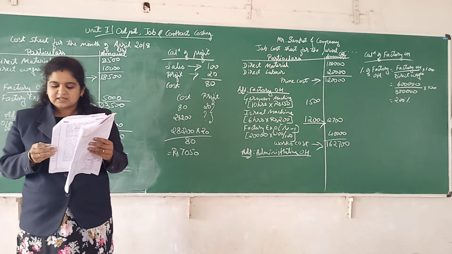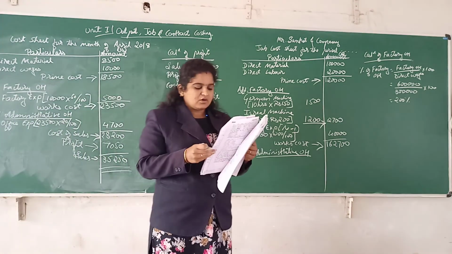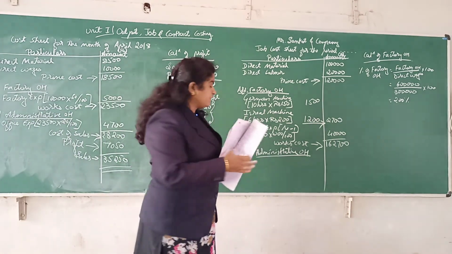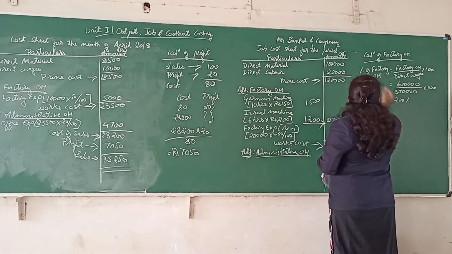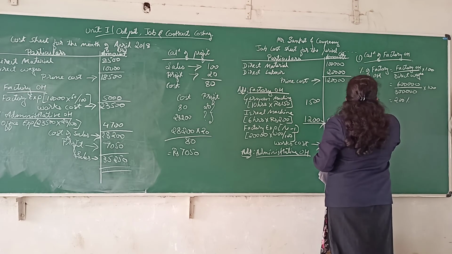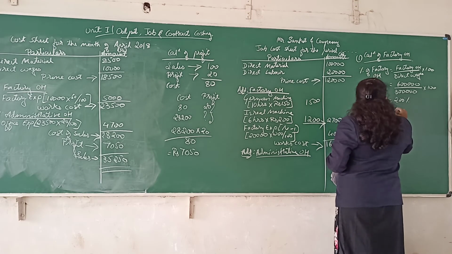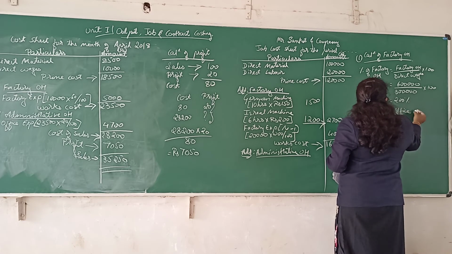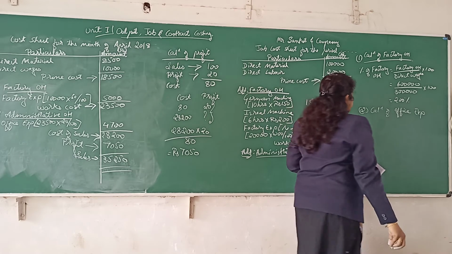lakhs as against rupees 4 lakhs office overheads, office expenses. Okay, now we'll have a working note. Second working note, calculation of office expenses.